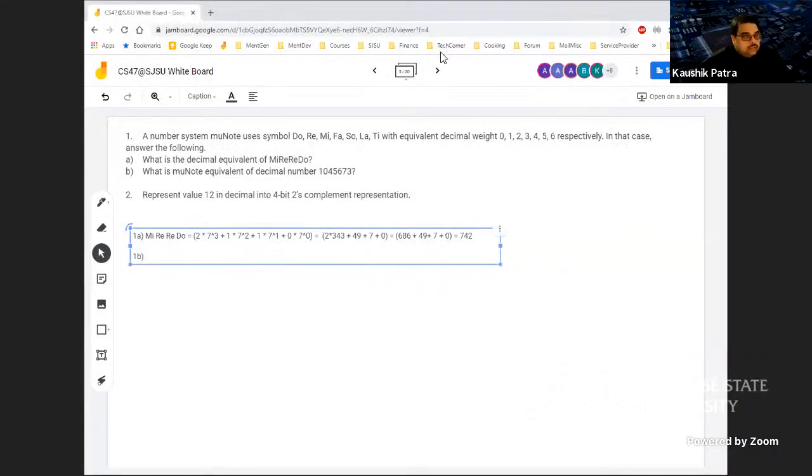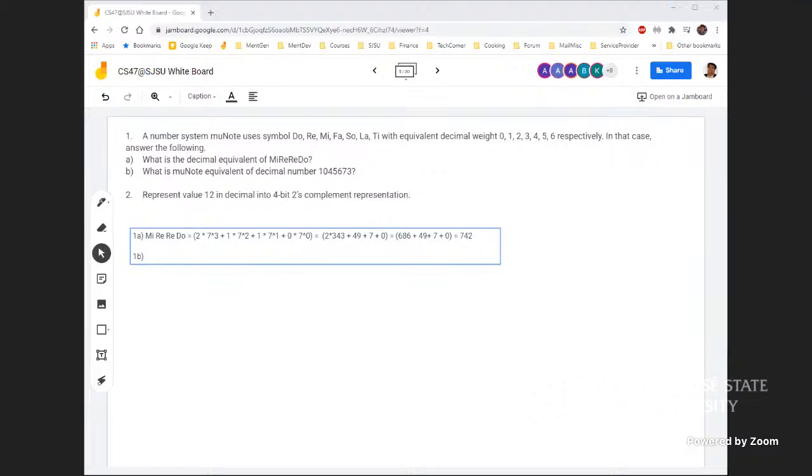So each time, what you need to do is keep on dividing like this.